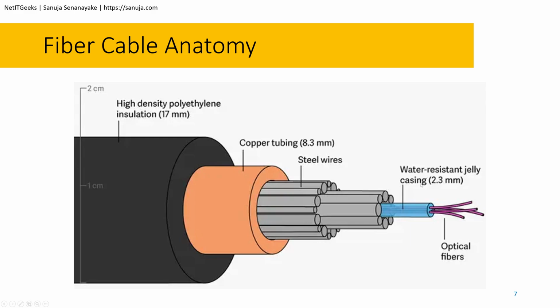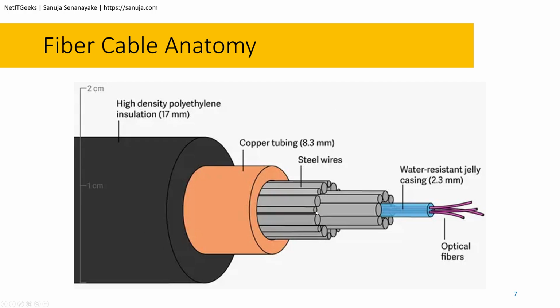So the fibers itself is less than 2.3 millimeters, but the actual protection and everything put together makes the cable 1.5 centimeters. Unlike copper cabling, we need all of these protections so that we won't break the cables.